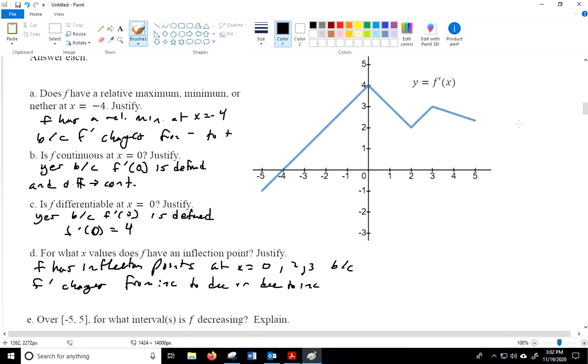Over the closed interval -5 to 5, for what intervals is f decreasing? Well, only from -5 to -4 because f prime is less than 0. That's it.